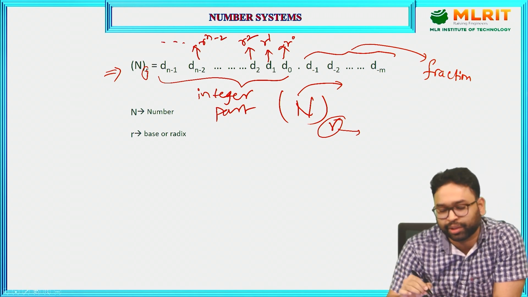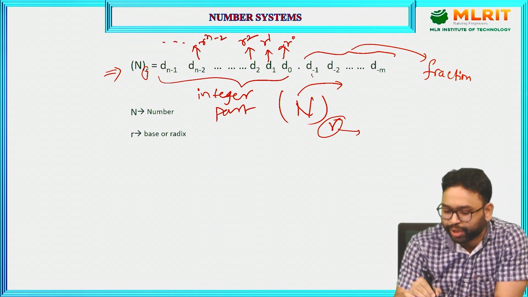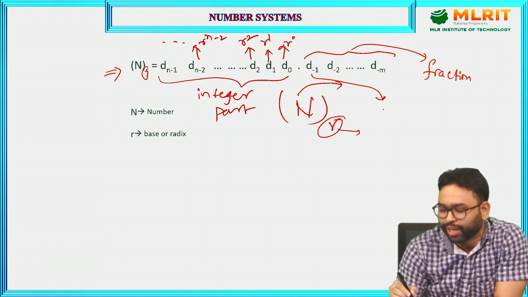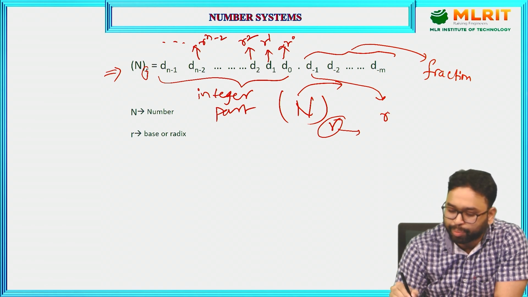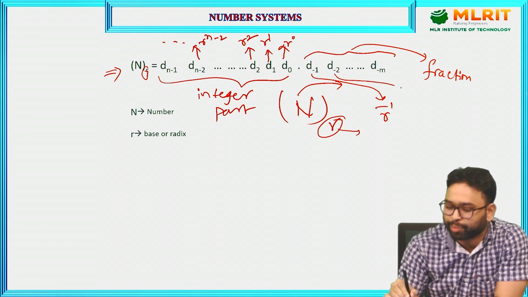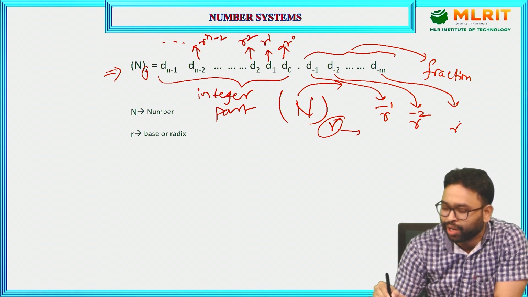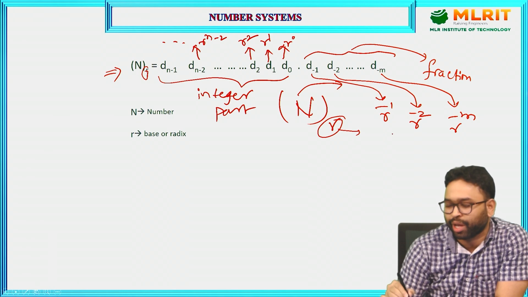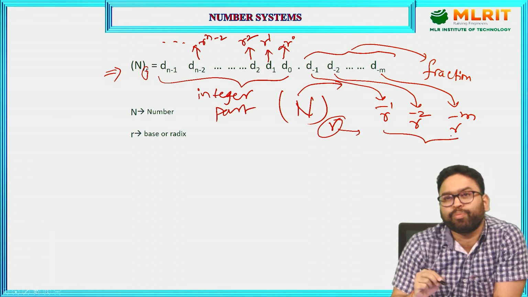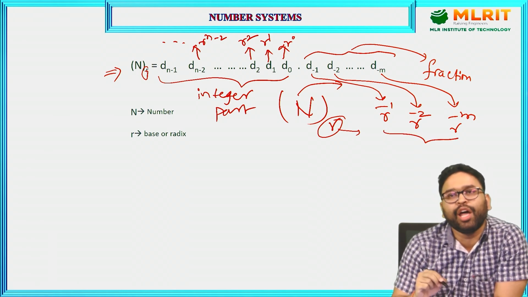For the d minus 1 digit, I can write its weight as r power minus 1. For the d minus 2 digit, I can write the positional weightage as r power minus 2, and in a similar way r power minus n. And these all are possible positional weightages with respect to the number system.